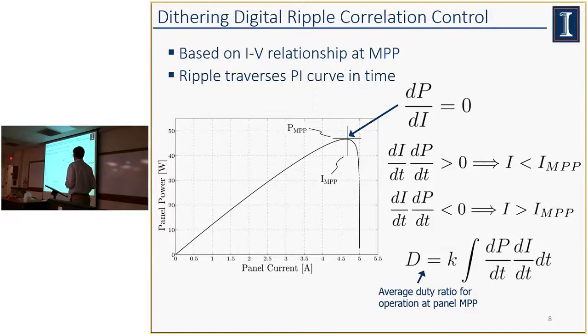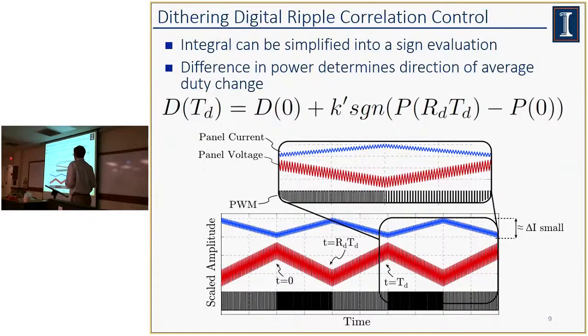So by performing an integral control on the product of these ratios and applying a gain, we can converge to the average duty ratio at which we want to run our converter. We're not going to be performing integrals in an 8 or 16-bit microcontroller that we're going to use for maximum power point tracking.